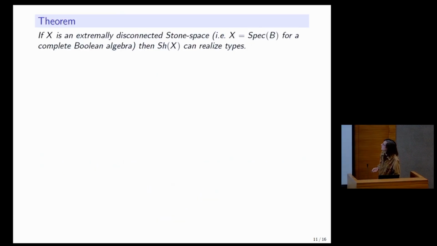Okay, so the claim is that if X is an extremally disconnected Stone space, so it is the spectrum of a complete Boolean algebra, then the answer is yes. So you can prescribe formulas on open sets, and you can find a model which satisfies that.